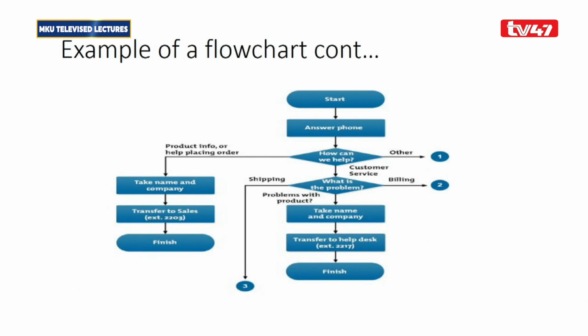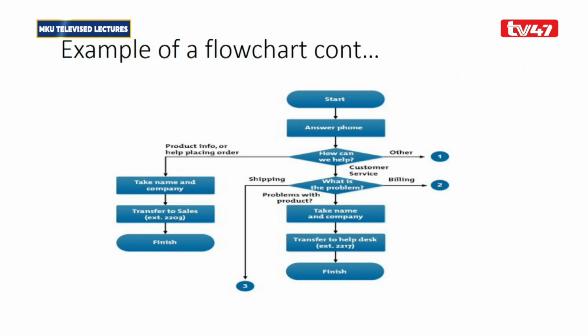So you need to take down the name of the customer and the company. In this case, they are placing an order, so you channel it to the right department where they can place their order. And after that, they will be asked for the name of the company and maybe the details of their order, and then it is processed and you finish that task.